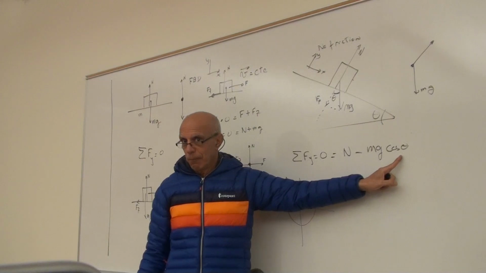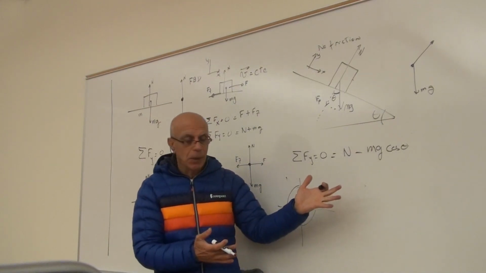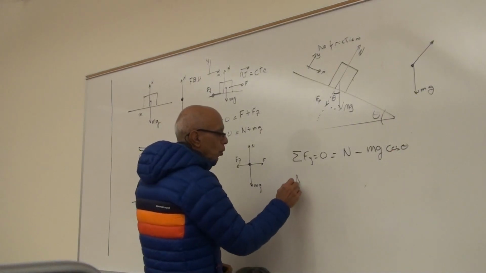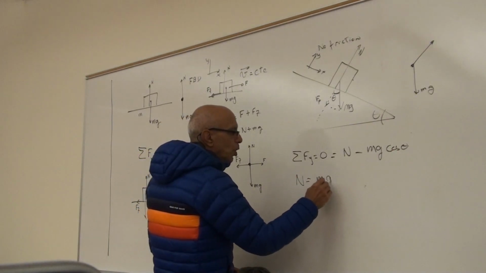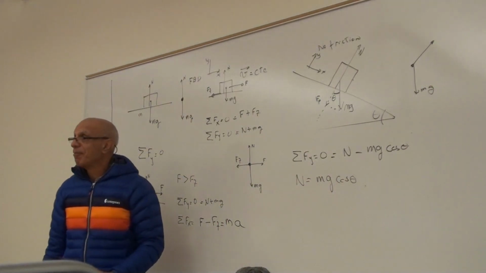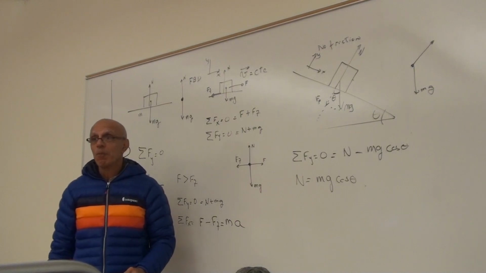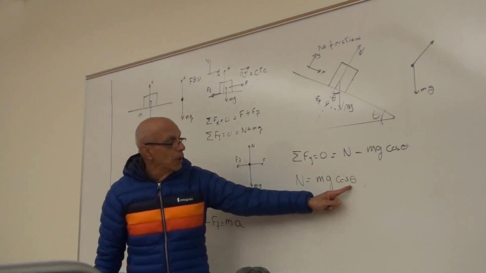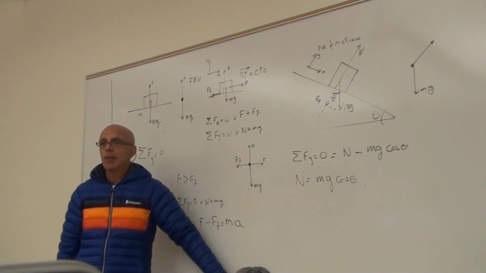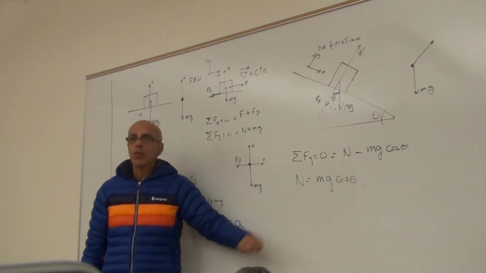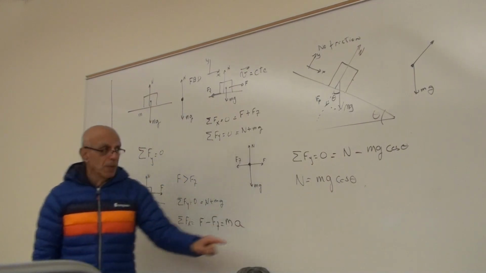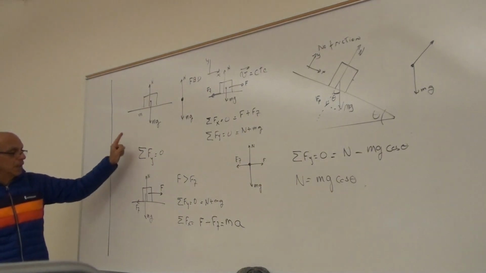Now let's analyze this. Here we have that the normal force is equal to mg cosine theta. Let's look at the situation where theta is 0. If theta is 0, cosine is 1, so N is going to be equal to mg.